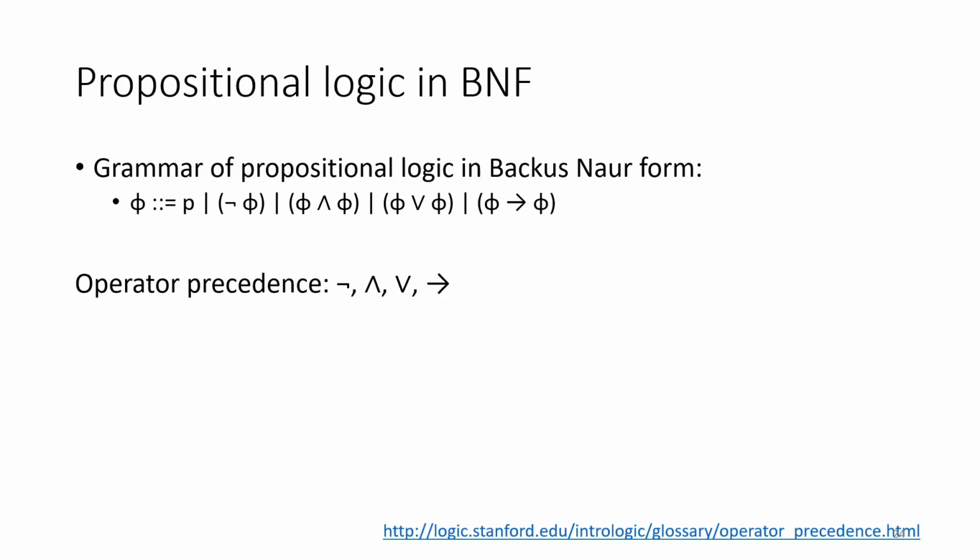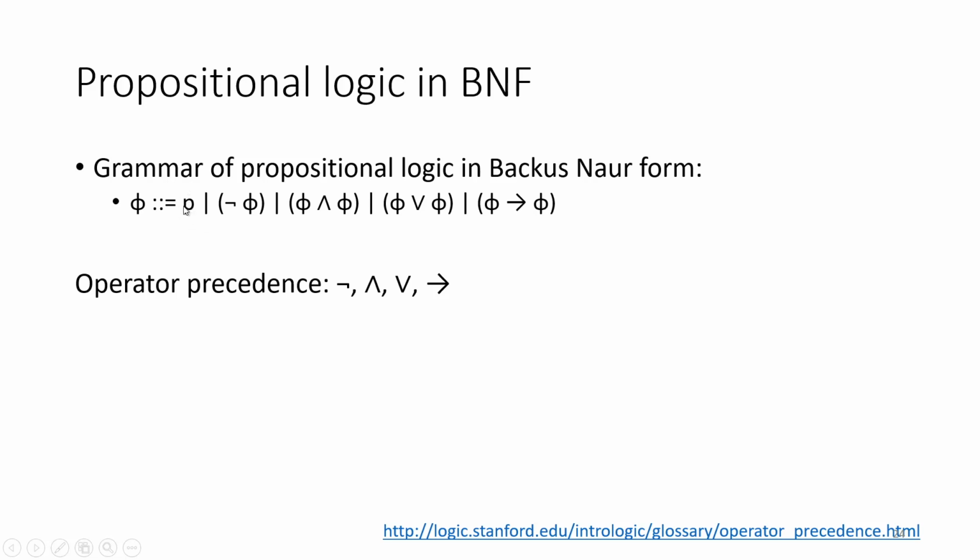Usually you give languages as grammars, not as these kinds of declarative rules. Well, grammars are still kind of declarative, but you can derive stuff from grammars. So we could also write it as a grammar like this. These are the ways to construct formulas.